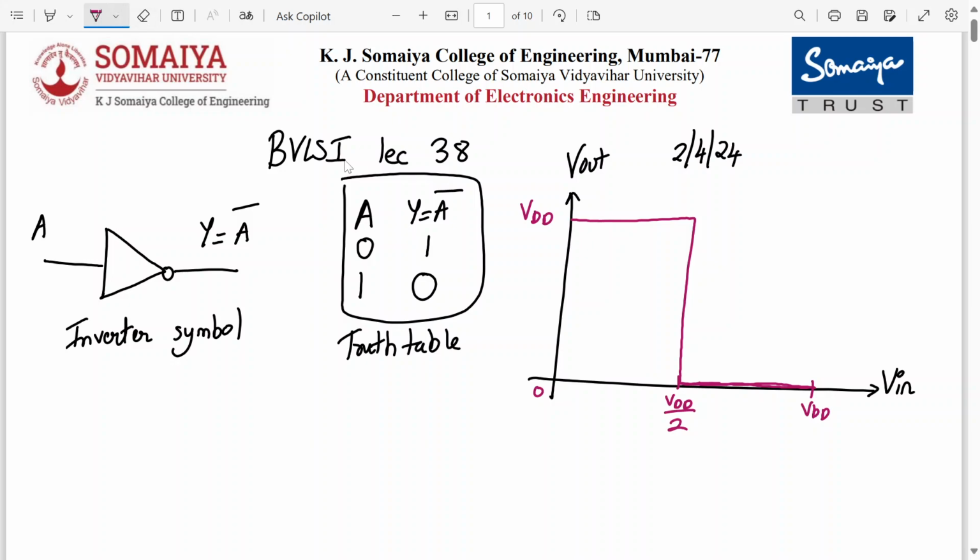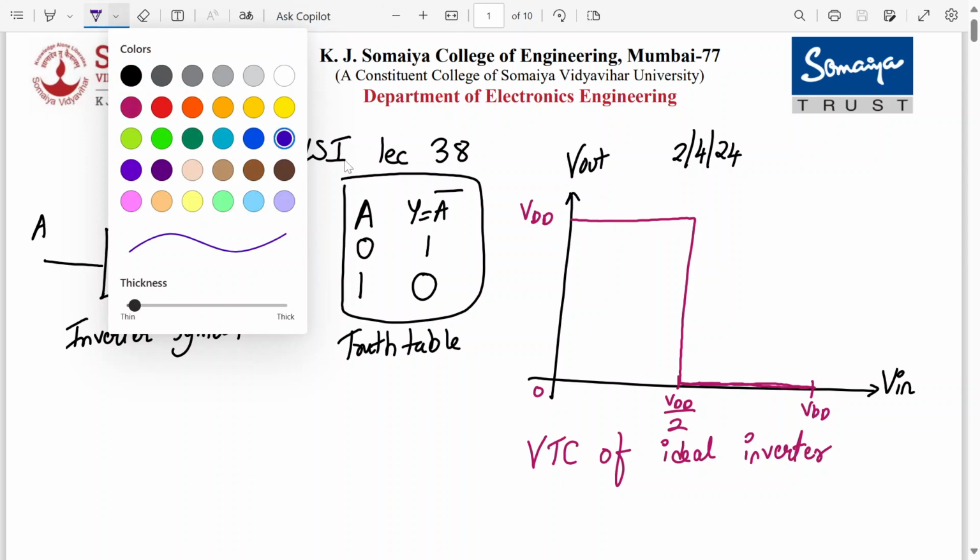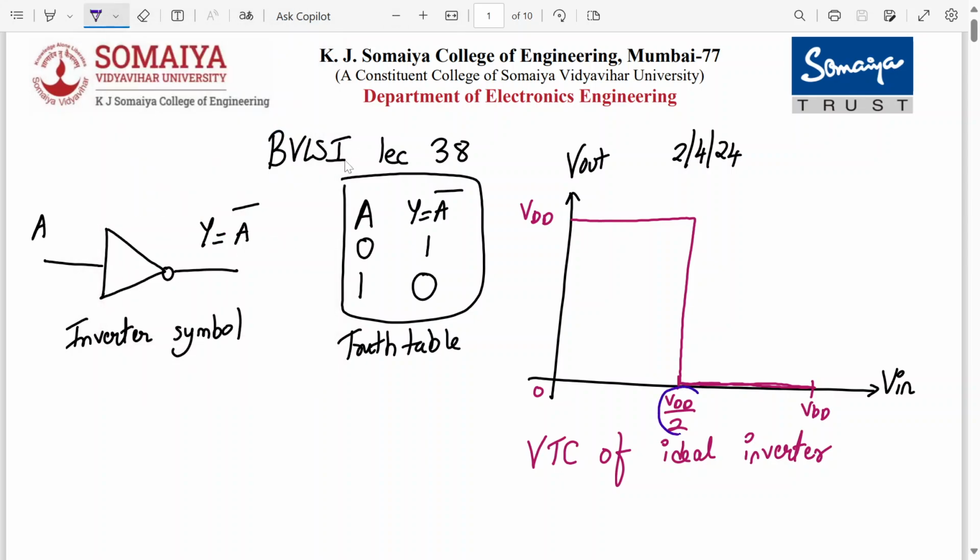This curve is called the voltage transfer characteristics of an ideal inverter. V out versus V in is called the voltage transfer characteristics of the ideal inverter. The threshold voltage for this ideal inverter is at VDD by 2.